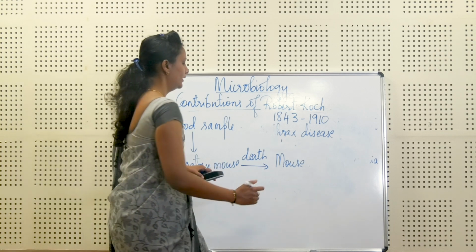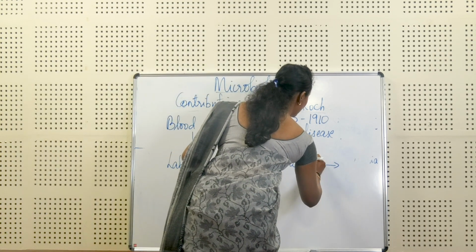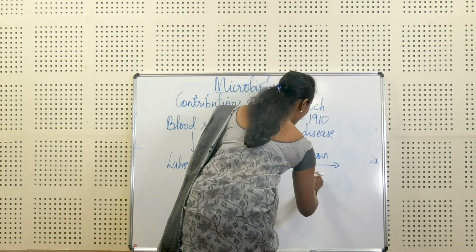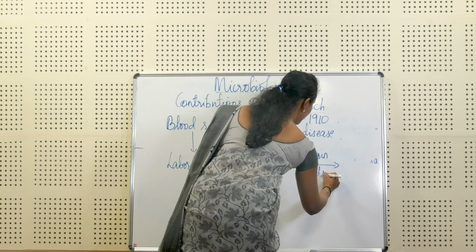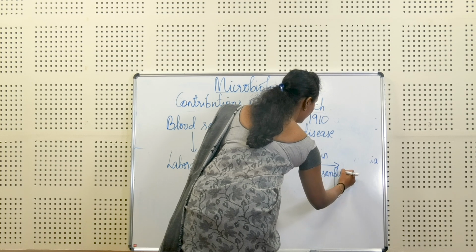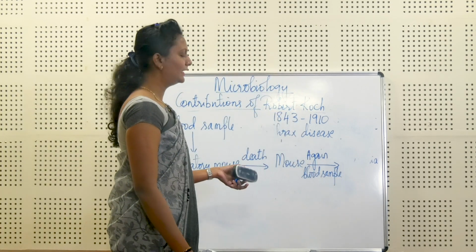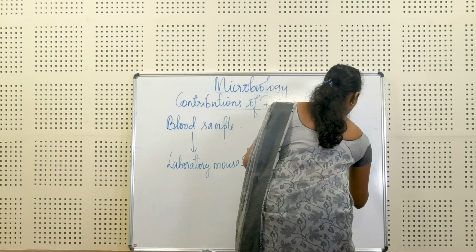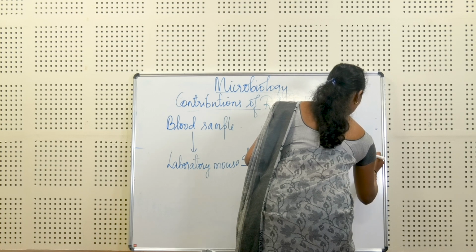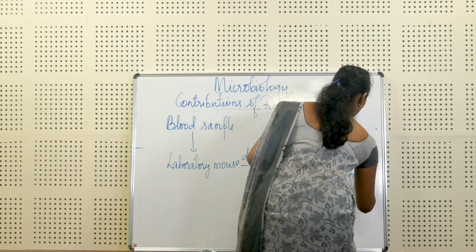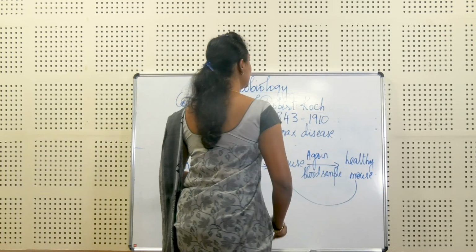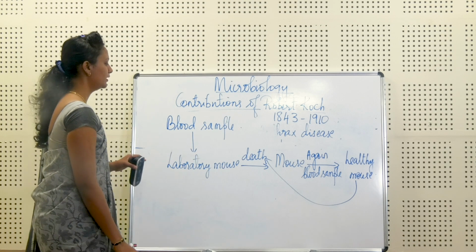Again, he collected the blood sample from the dead mouse and he injected that into a healthy mouse, which again resulted in the death of the mouse.